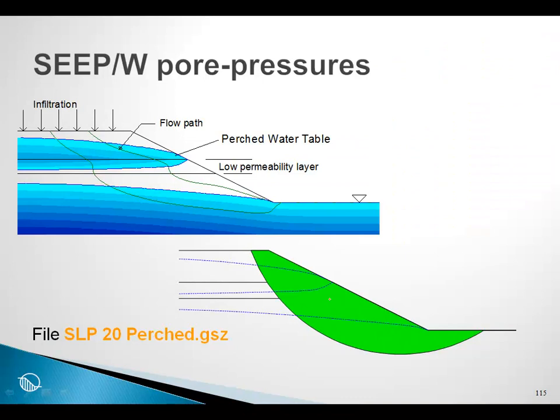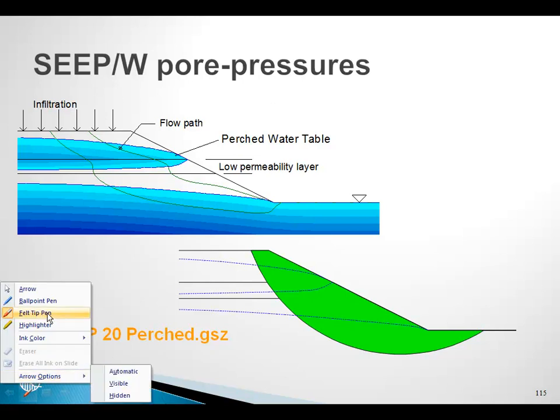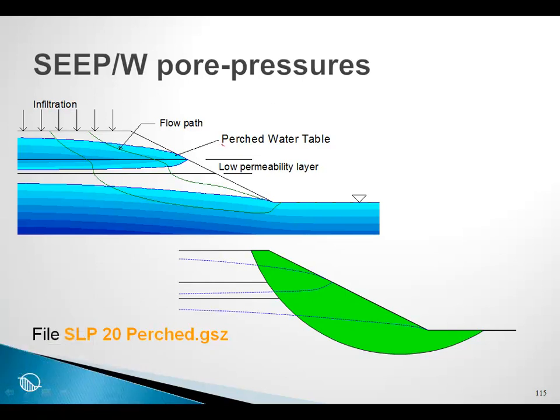The previous example that we looked at was a fairly simple case of a homogeneous dam with a reservoir on one side. The pore pressures were not all that irregular, but here's an example where the pore pressure is quite irregular. In fact, we have a perched water table. So this is a perched water table here, and you notice a flow line.